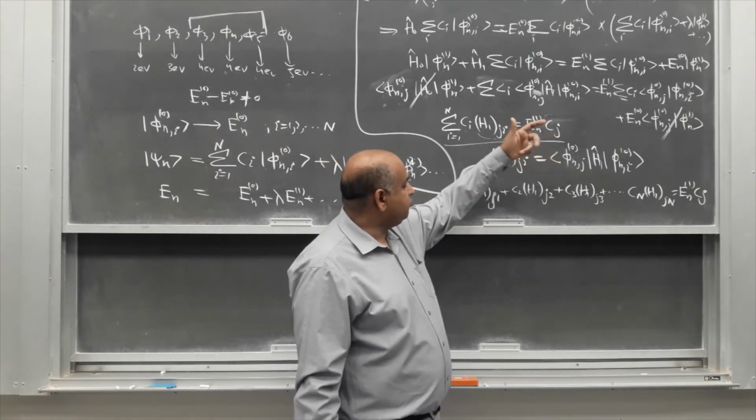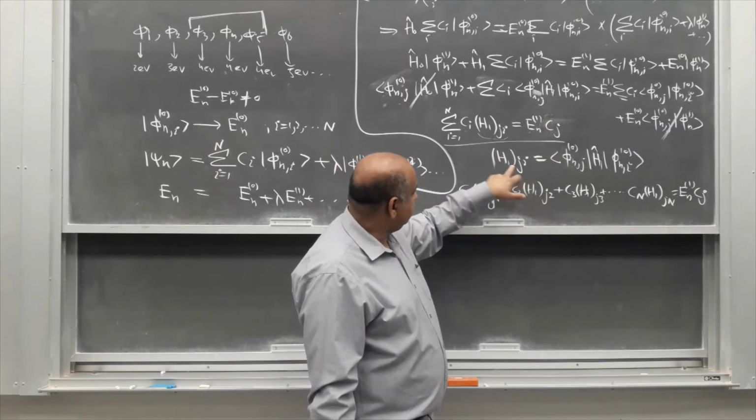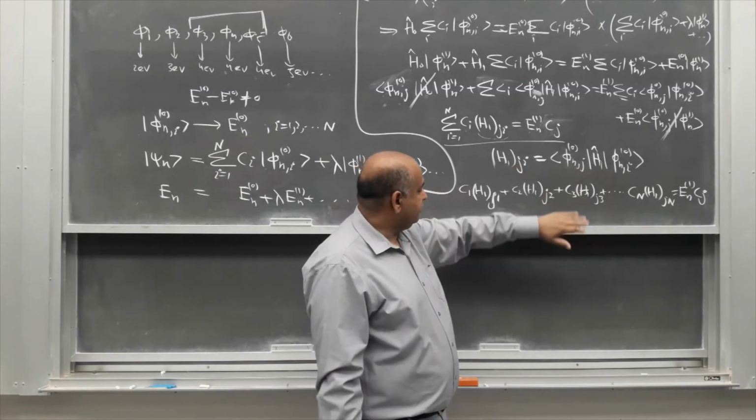J could be 1, j could be 2, j could be 3. So this is our general equation, where this H1 etc. are formed from here.